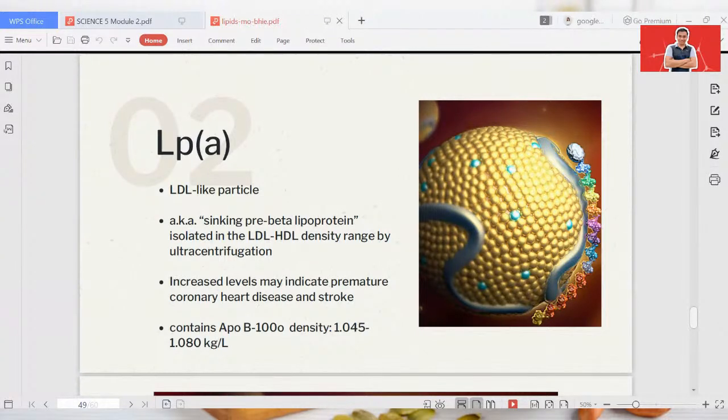Tapos, similar sila ng VLDL in terms of electrophoretic mobility. The difference is that ang lipoprotein A ay naga-sink, ang VLDL ay naga-float. Tapos, it is isolated in the LDL-HDL density range by ultracentrifugation. And then, it contains ApoB100 and density niya is 1.045 to 1.080 kilogram per liter.